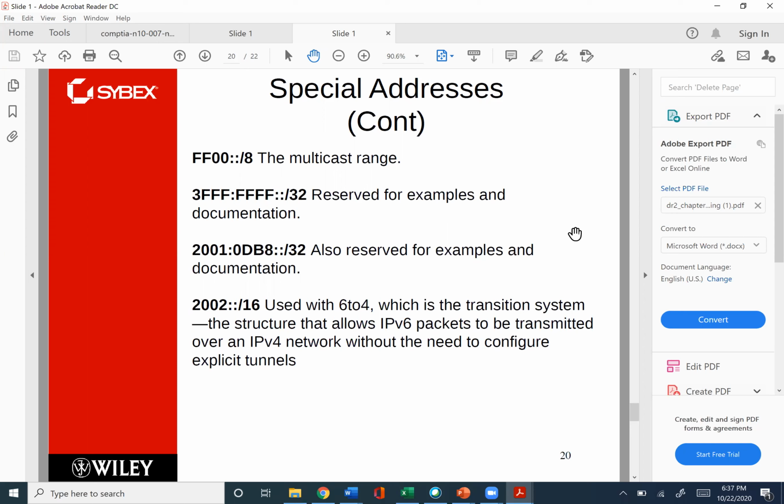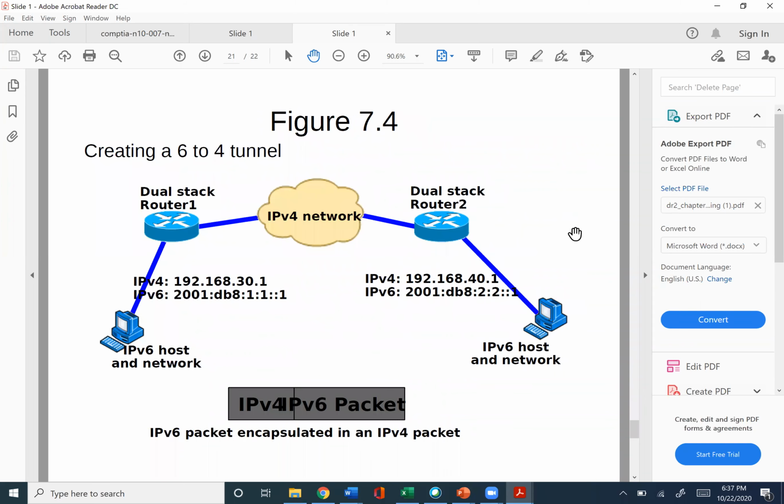It's the same concept for IPv6. The only difference between IPv4 and IPv6 is that IPv6 has multiple IPs that you can derive.